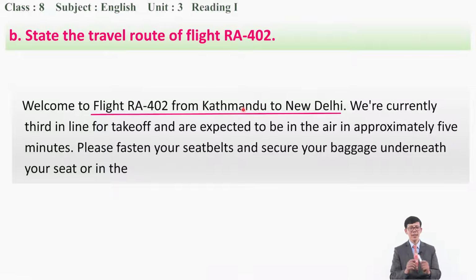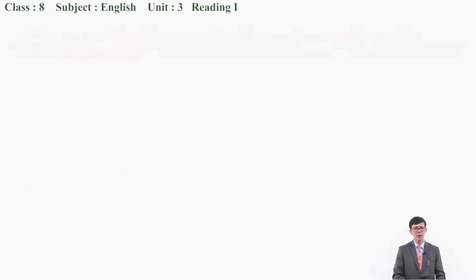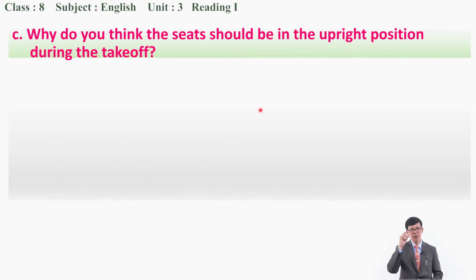Can you write this answer, everybody? Very good. So this is the answer for question B. The travel route is from Kathmandu to New Delhi. Okay, very good. Now let's talk about question number C.